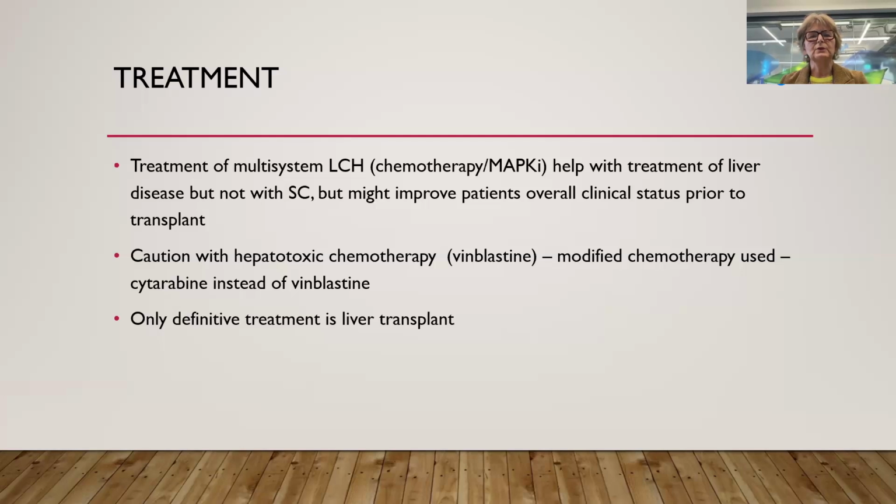There is a caution with hepatotoxic chemotherapy drugs, especially vinblastine, and therefore quite a few people advocate modified chemotherapy, especially to use cytarabine instead of vinblastine. The only definitive treatment for sclerosing cholangitis is unfortunately liver transplant. We currently don't have anything better.